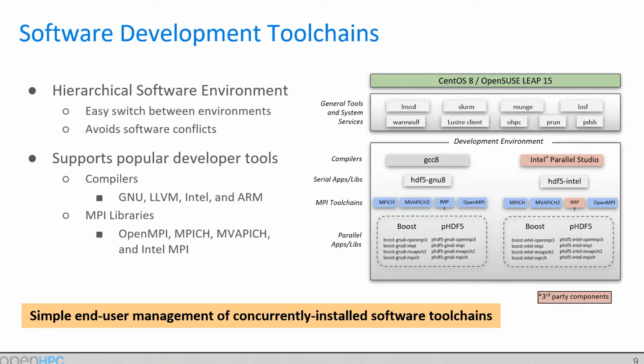One of the key benefits of OpenHPC is its direct support for software development tool chains. When OpenHPC is installed, one of the components is Lmod, the environment module management.